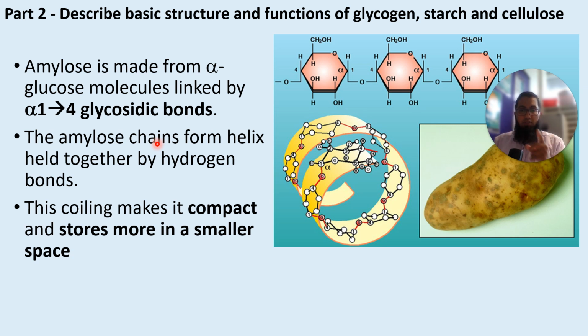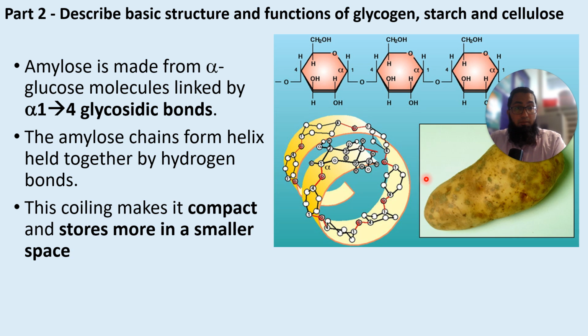Okay, it coils into an alpha helix, and that shape is held by hydrogen bonds. Exam question: why is it that it is coiled together? What's the purpose behind it? The purpose behind it is, remember, we are storing so much starch in cells, so we need space, so it makes it compact and stores it in a smaller space.